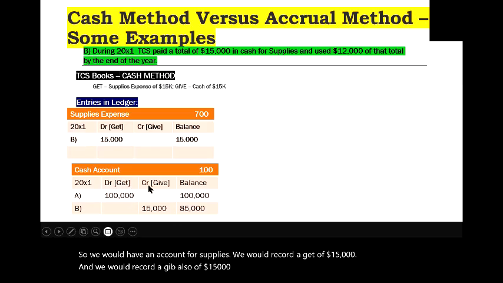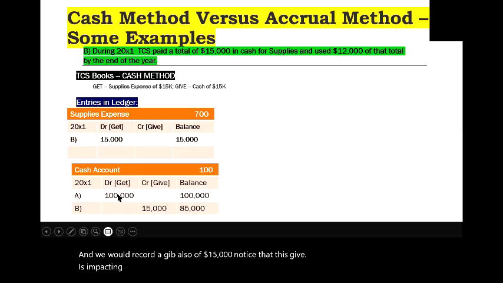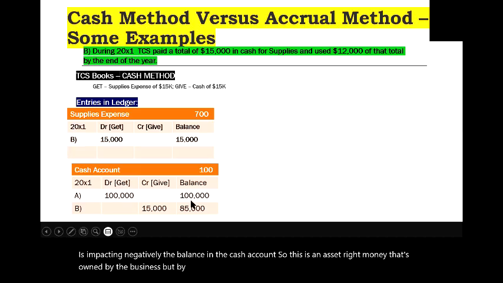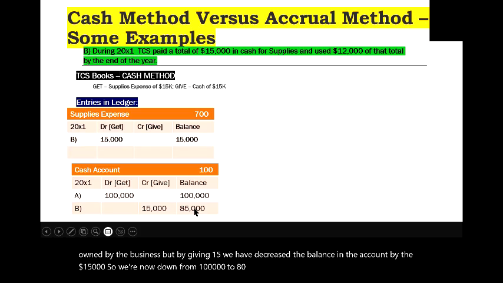Notice that this give is impacting negatively the balance in the cash account. So this is an asset, right? Money that's owned by the business. But by giving 15, we have decreased the balance in the account by the $15,000. So we're now down from 100,000 to 85,000.